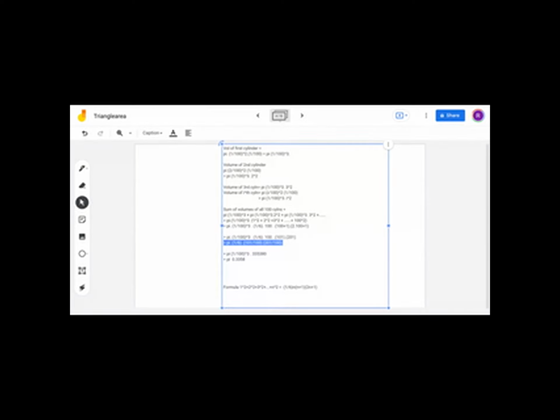Do you see this? Now, can someone tell me why this is close to 1/3 pi? Anyone see why? What is 101 divided by 100? And what is 201 divided by 100?